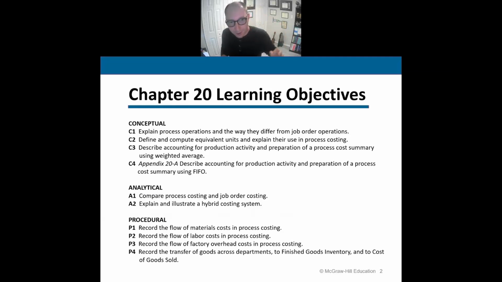I'm going to spend some time talking about a concept called equivalent units of production, because process costing flows differently than job order costing does. And we'll also talk about similar concepts like materials, labor, and factory overhead. We have already learned about them, but I'm going to talk about how to apply direct materials, direct labor, and factory overhead to process costing.